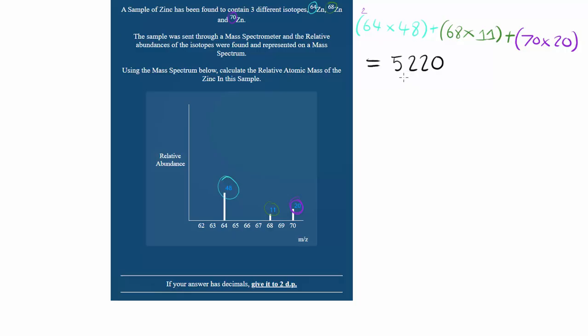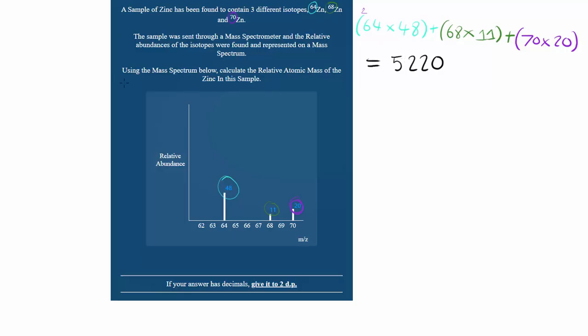Okay, so what do we do at the next stage? Do we multiply this number? Do we divide it? What do we divide it by? Do we assume that the relative abundance total is 100 and divide it by 100? In this case, as per principle, what we would first do is add up the relative abundances and find out what they add up to.